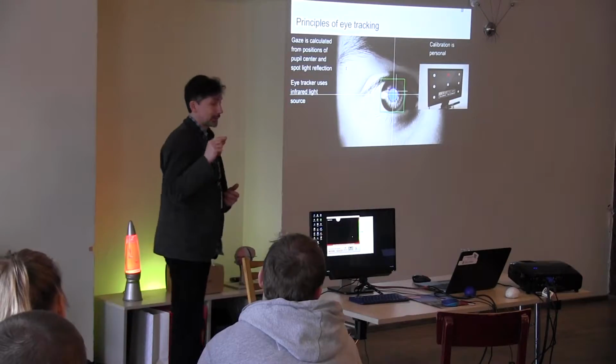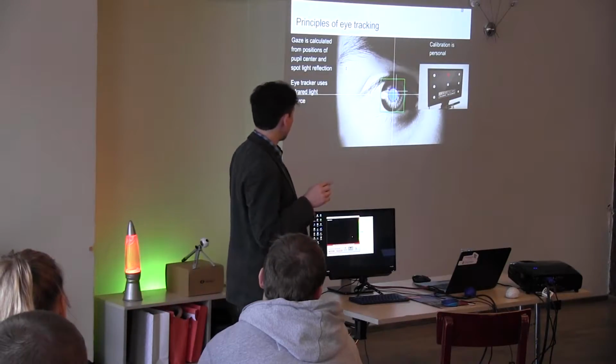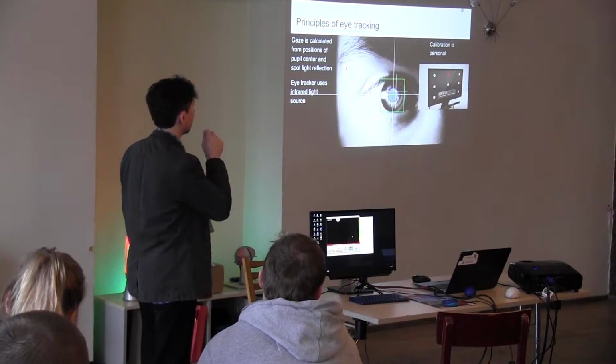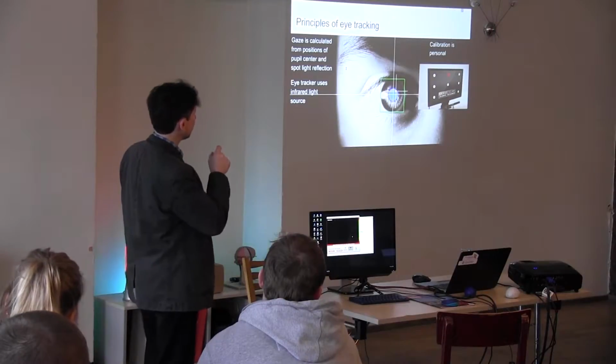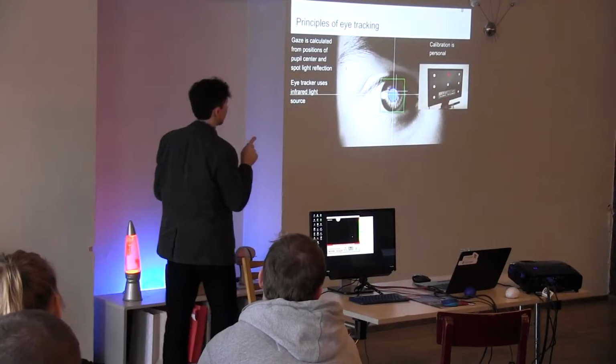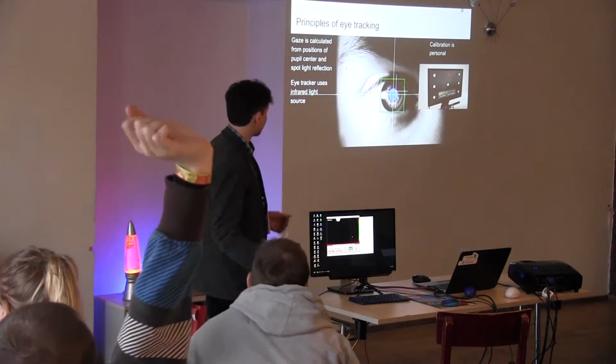To calculate where the person looks, it requires calculating the distance between those two center points and the direction, or the vector, from the center point of the eye to the light spot. And that's it.